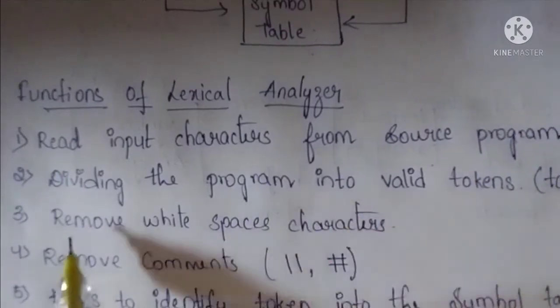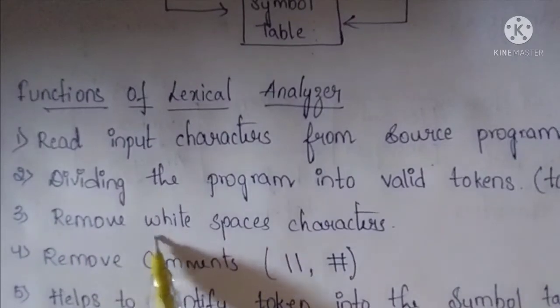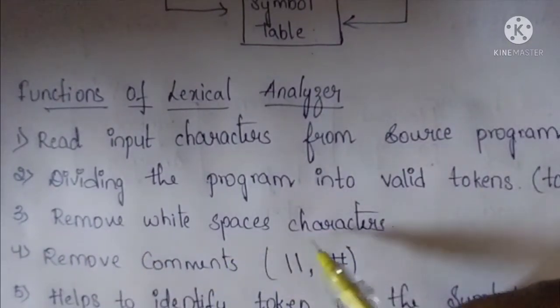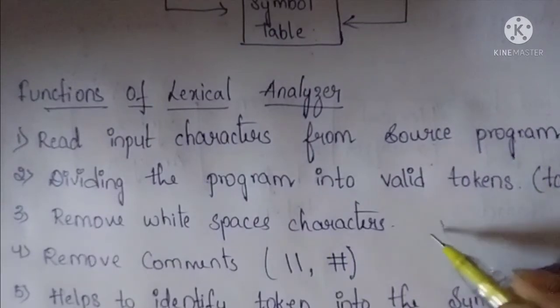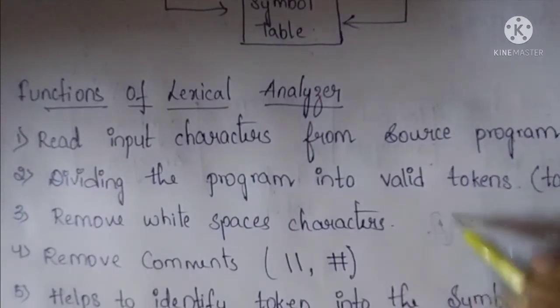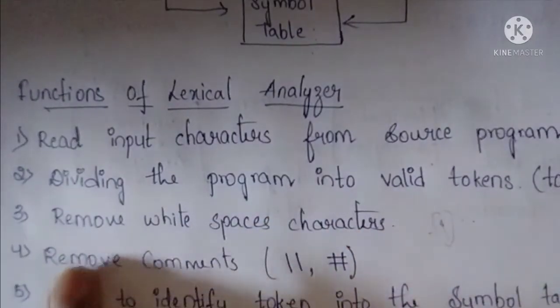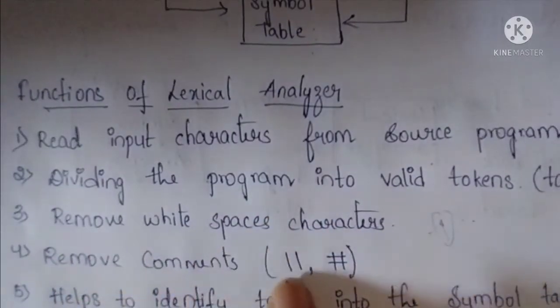In this we remove the white spaces and white space characters. If there is any space between two characters, that white space will be removed in lexical analysis, and it will also remove the comment lines.